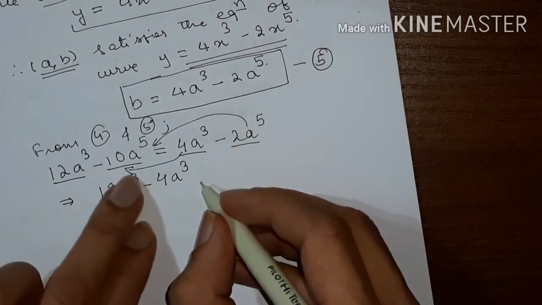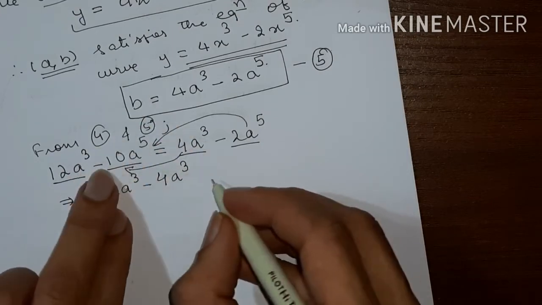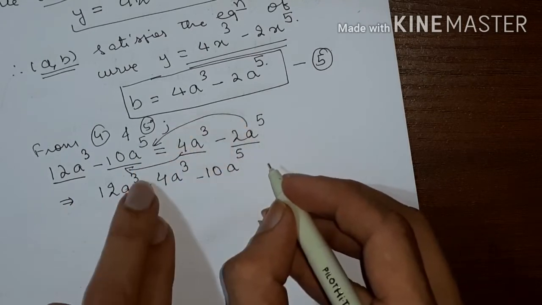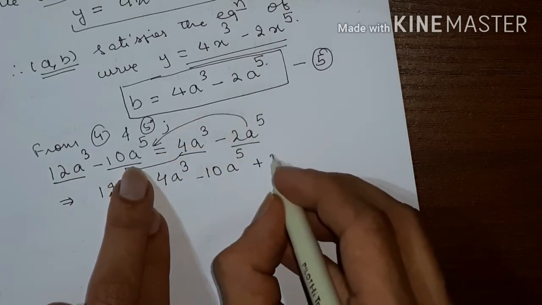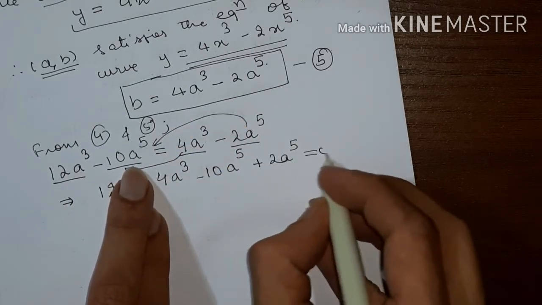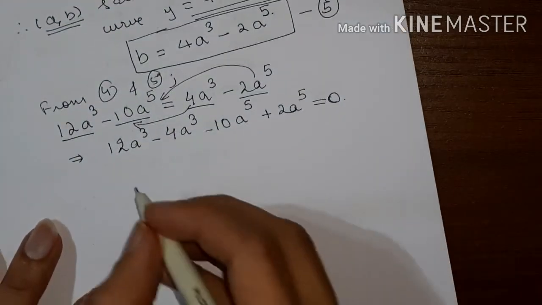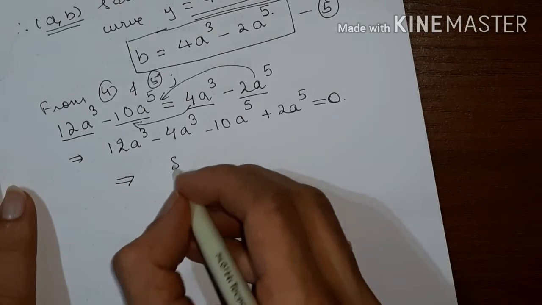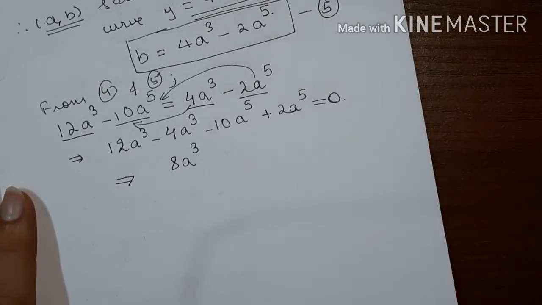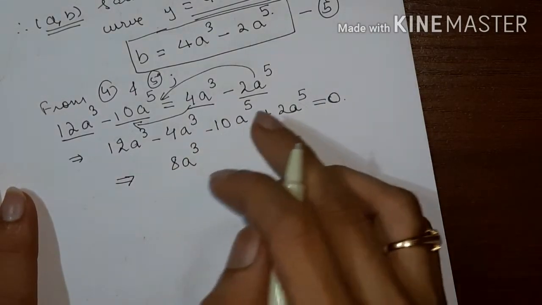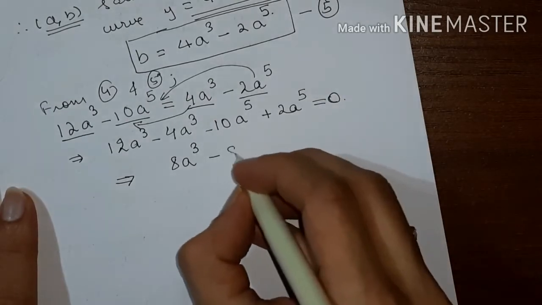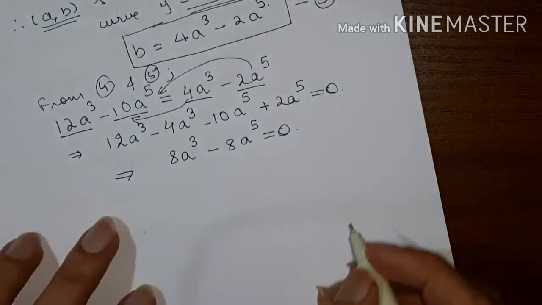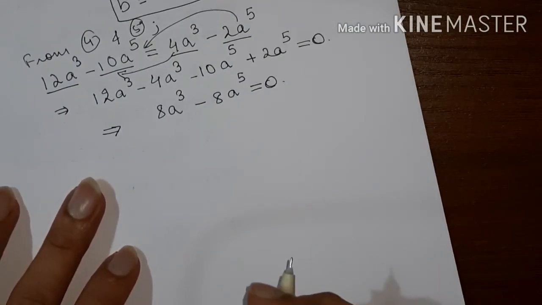So I'll get 12a³ minus 4a³, and then minus 10a⁵, which becomes plus 2a⁵, equal to 0. 12a³ minus 4a³ is nothing but 8a³, and minus 10 plus 2 is minus 8a⁵, which is equal to 0.